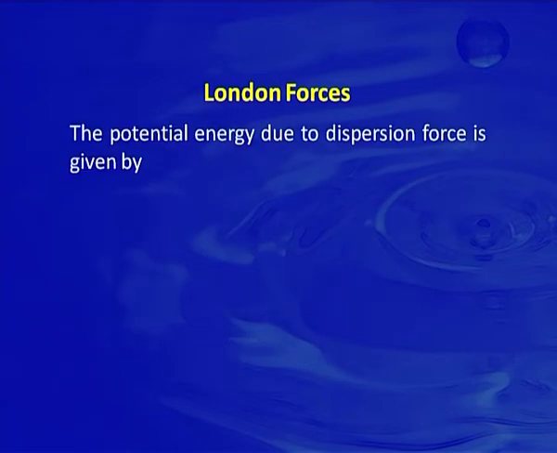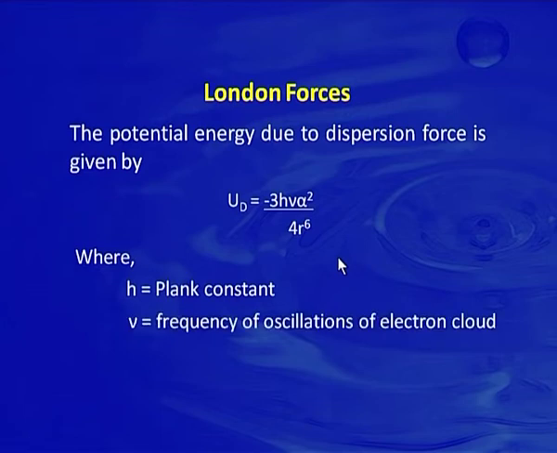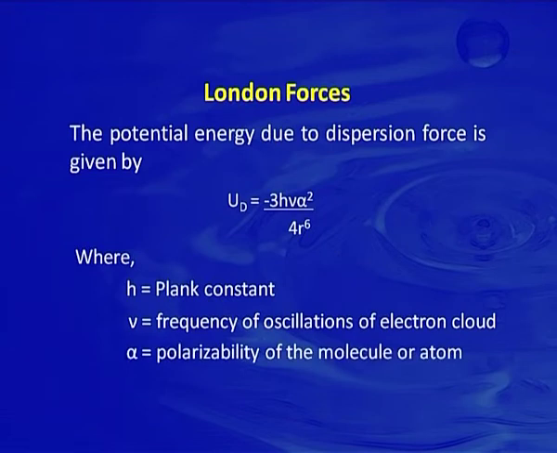The potential energy due to the dispersion force is given by the formula U_D equals minus 3 h nu alpha squared upon 4 r^6, where r is the radius, h is the Planck constant, nu is the frequency of oscillation of the electron cloud and alpha is the polarizability of the molecule or atom.